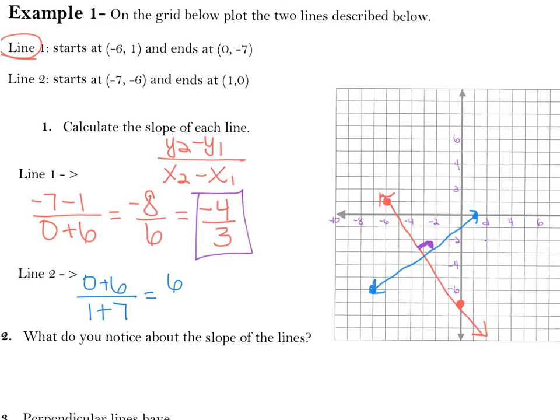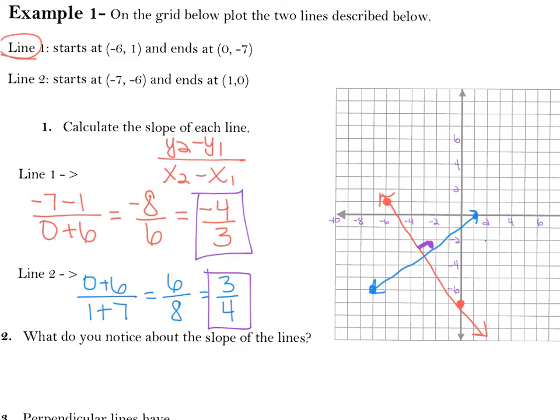So I get 6 over 8, and I'm going to reduce this one. So if I take out a 2, 6 divided by 2 is 3, 8 divided by 2 is 4. I now have the slope for line 2 is 3/4. So when I look at this, the next question is, what do you notice about the two slopes?